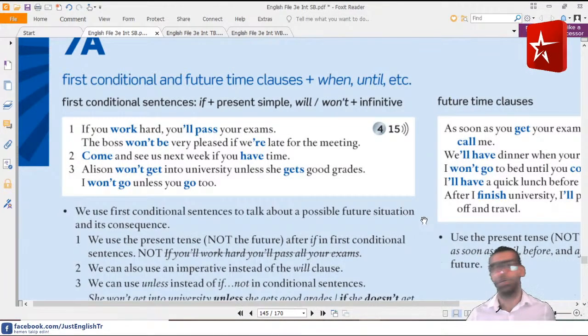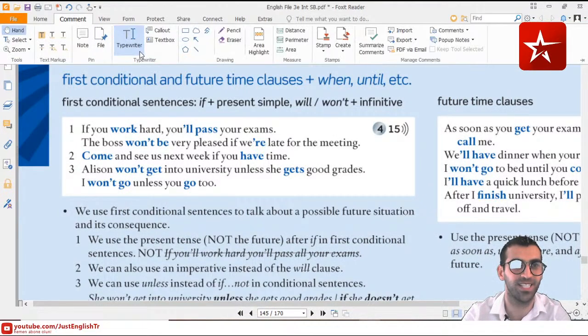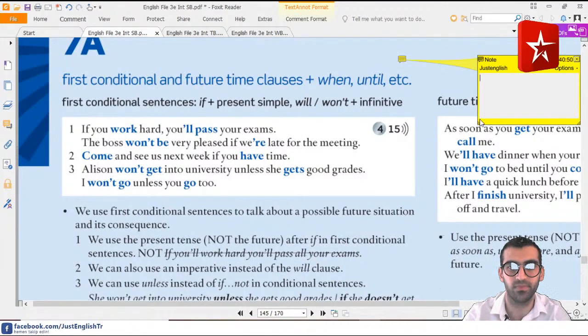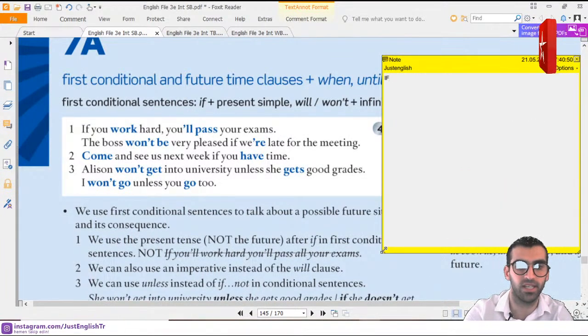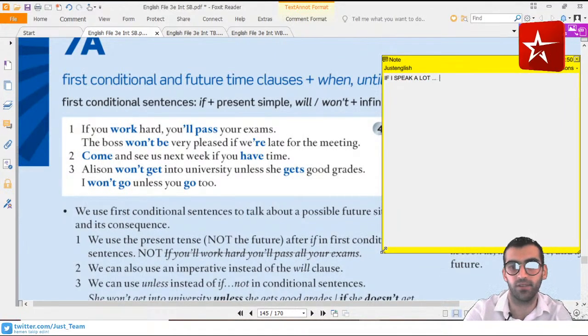For example, if I speak a lot, let me write the sentence here. I'm writing, if I speak a lot. So how can we complete the sentence?